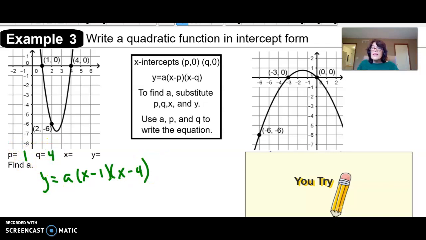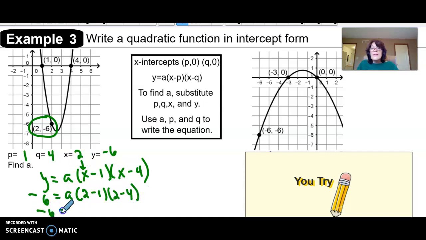I know p and q. I don't know a. I'm going to use this other point they gave me as my x and y. I can see that x is 2 and y is -6. So where y is, I'm going to write -6, and where x is, I'm going to write 2.